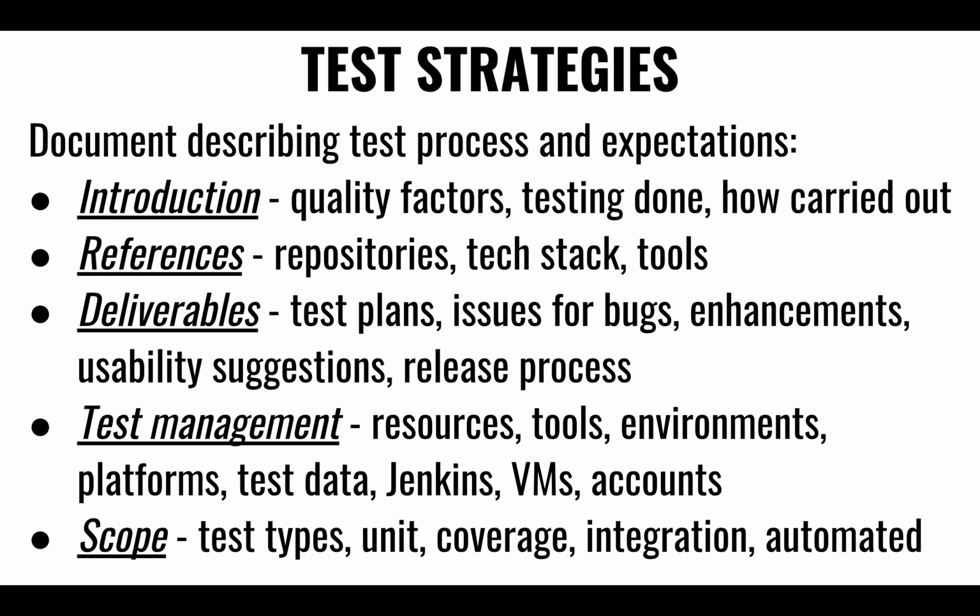Also, a sign-off from the development team on any testing gaps that they might identify through feedback with the development team. And then finally, the scope: what the different test types are, whether integration, manual, or automated, and any coverage or unit tests that they'll be executing.